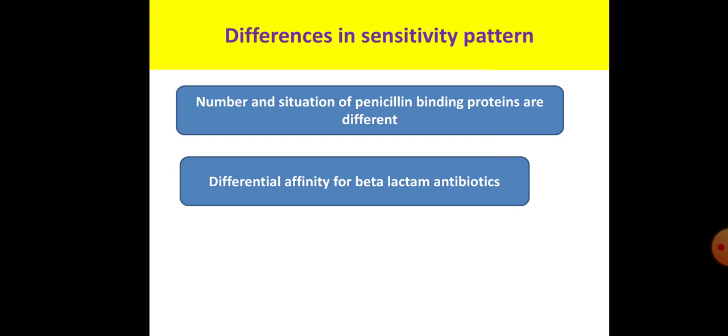The answer lies in the number of penicillin binding proteins in each microorganism, and not only the number but also the situation, such that penicillin may not be able to reach the target site and bind with the penicillin binding protein. And there is another fact, a differential affinity. Even if the penicillin binding protein is there and accessible, there must be affinity.